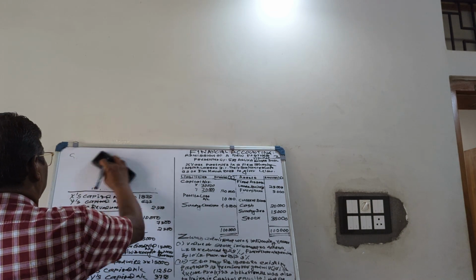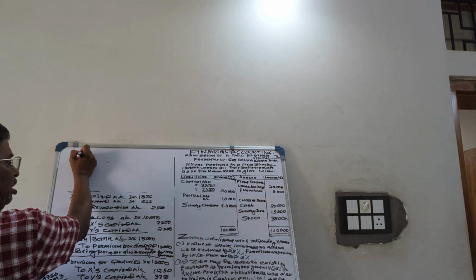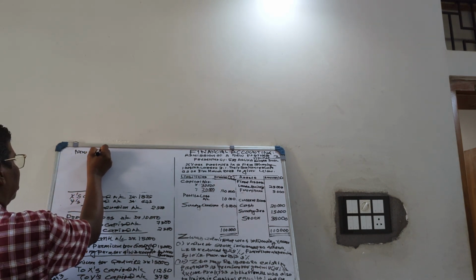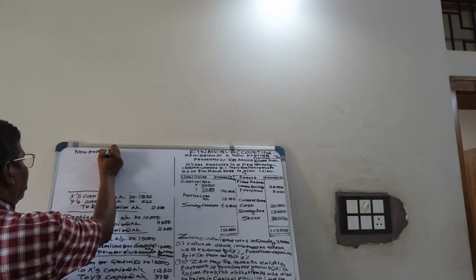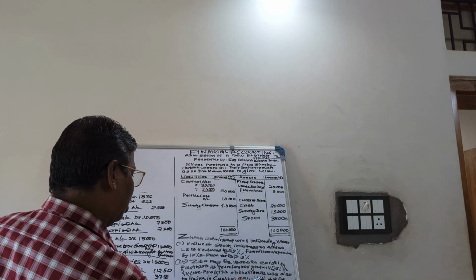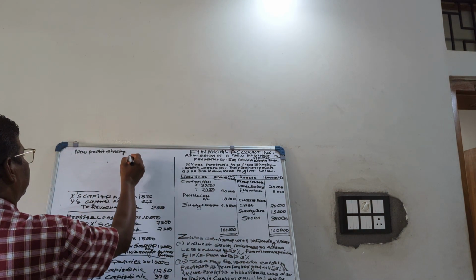So we can calculate the sacrificing ratio, which is based on the new profit sharing ratio. Here the new partner is admitted for 1/5, 20% of future profits of the firm.